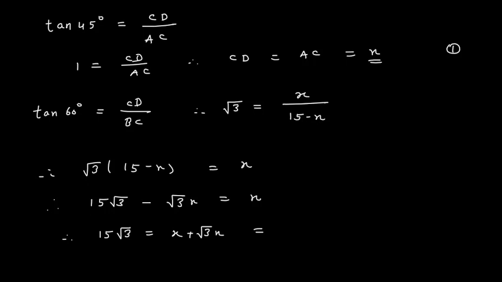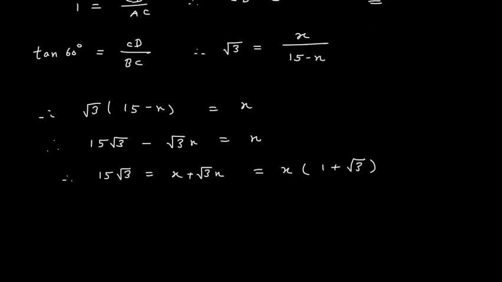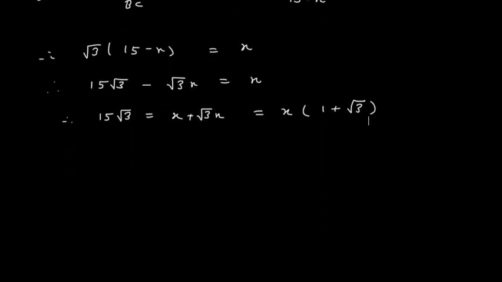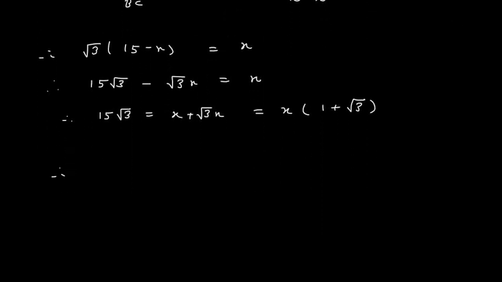So we take x common, and here it will become 1 plus root 3, or root 3 plus 1. I have to find the value of x. So therefore the value of x is 15 root 3 divided by root 3 plus 1.